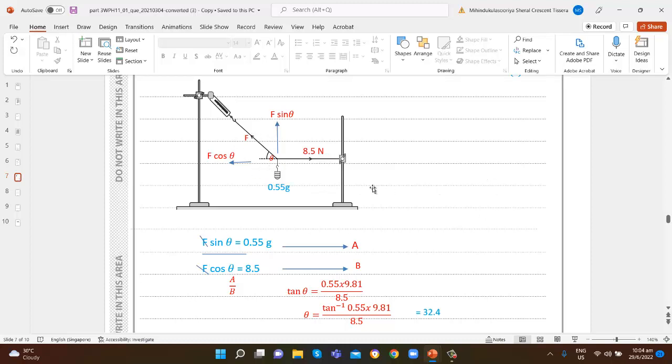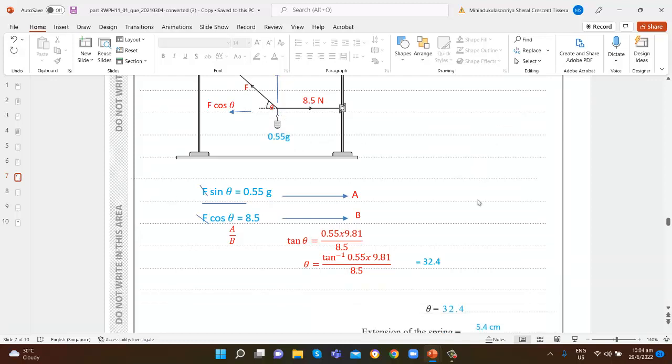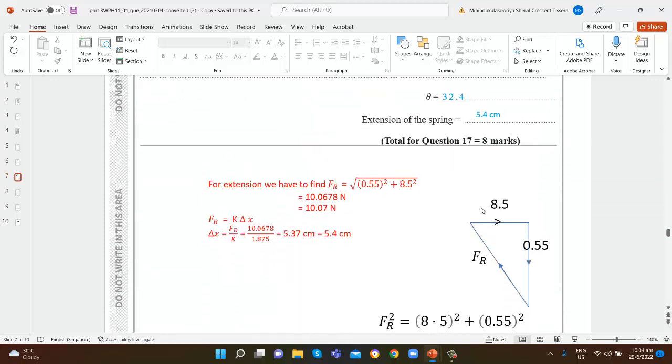From there you write 0.55 and this is F. F is your resultant force. You come along 8.5 and from there you come head to tail, 0.55, then this point and the previous point. This is your head, this is your tail.